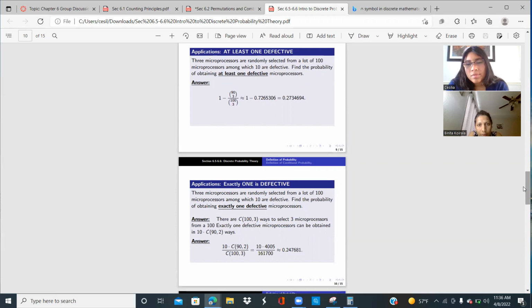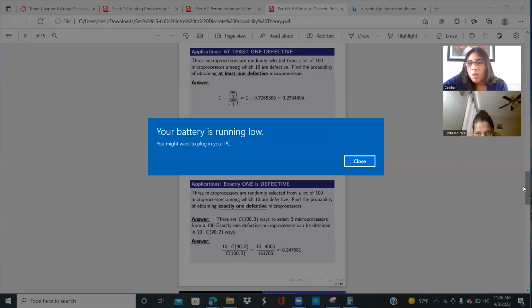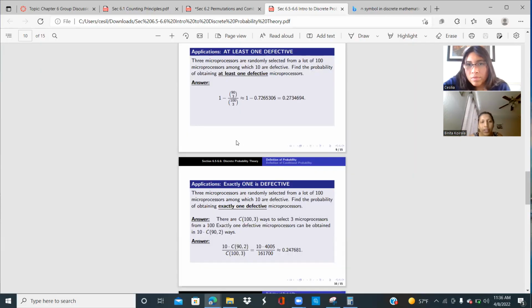So here, 3 microprocessors are randomly selected from 100, and among them 10 are defective, so 100 minus 10 will be 90. We need at least one defective, so you just do non-defective over total, right?